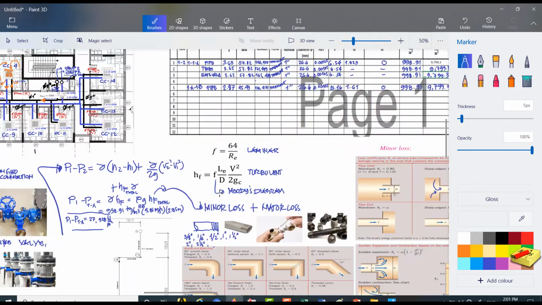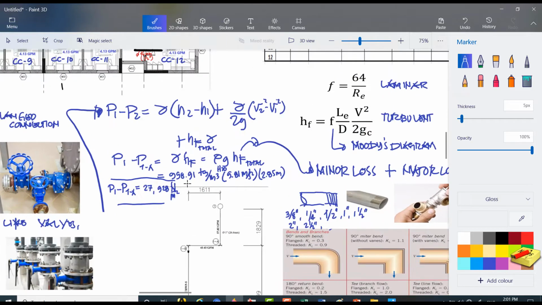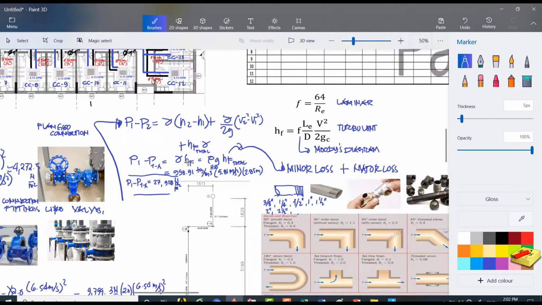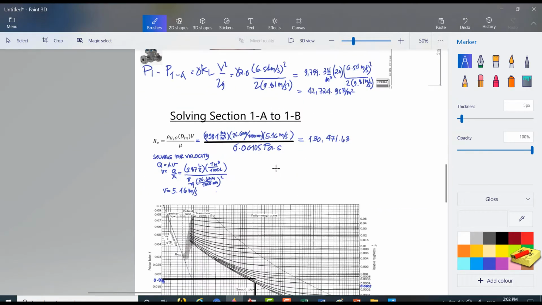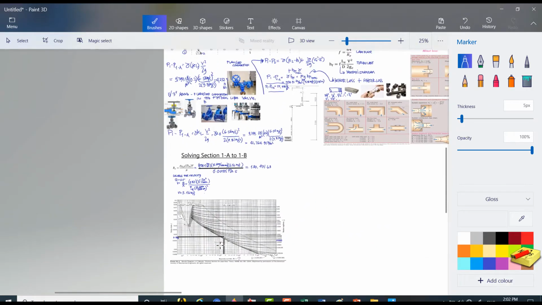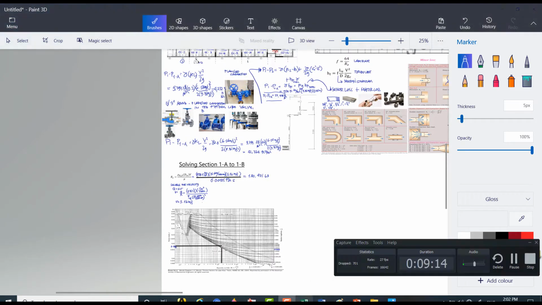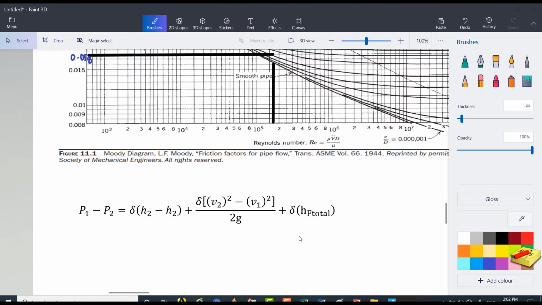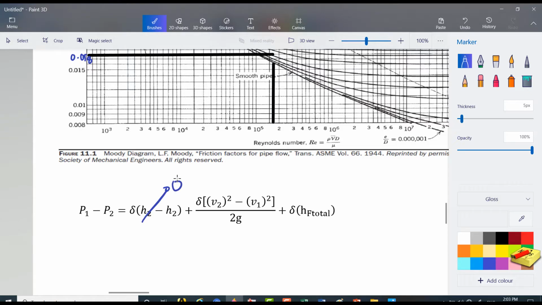So again, computing the values here. Since we have your HF now, let's compute for the pressure loss. We have your equations. The change in elevation will be 0, and the diameters D1 and D2 are the same, so the velocity head cancels out.